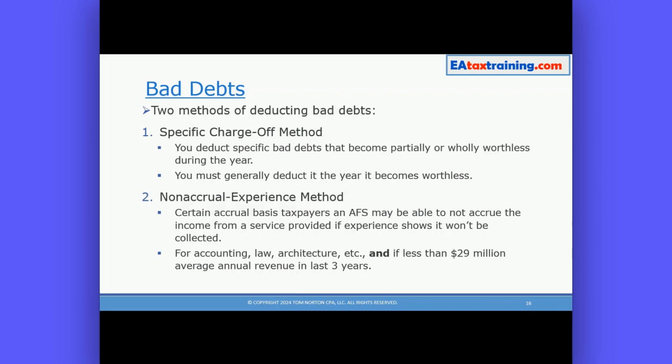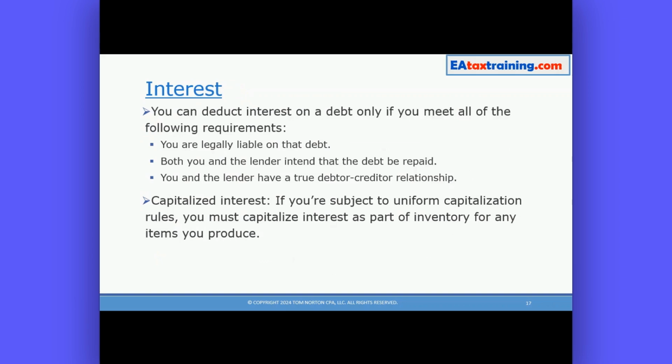Well, they can go ahead and deduct that 3%, even though they can't point to a specific invoice that wasn't paid. So again, maybe there's one question on this. Just know that it exists, that you've got two methods, specific charge-off and non-accrual experience method, and the general outline of how the non-accrual experience method works.